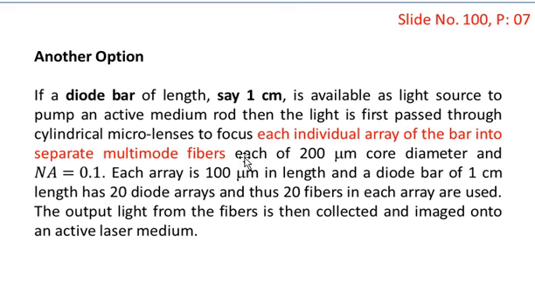If a diode bar of length say 1 centimeter is available as a light source to pump an active medium rod, then the light is first passed through cylindrical micro lenses to focus each individual array of the bar into separate multimode fibers, each of 200 micrometer core diameter and numerical aperture equal to 0.1.